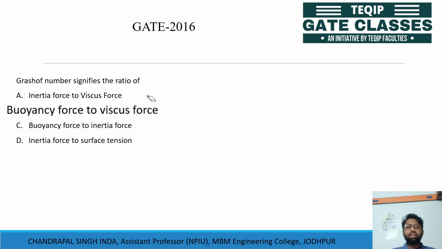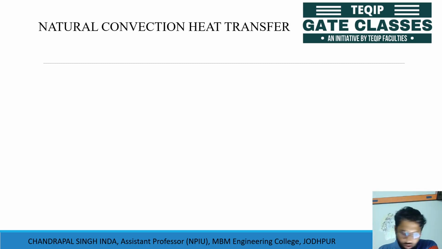Let's have the empirical relationship for natural convection for laminar flow and turbulent flow. Before that, we are going to find how to tell whether the flow is laminar or turbulent. In natural convection, the product of Grashof number and Prandtl number describes whether the flow is laminar or turbulent. The product of this number is known as the Rayleigh number.